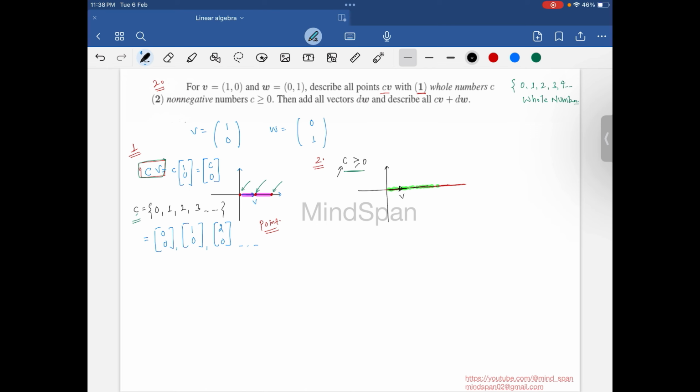So in this case what you are getting is the line along the vector v, or the positive x-axis.